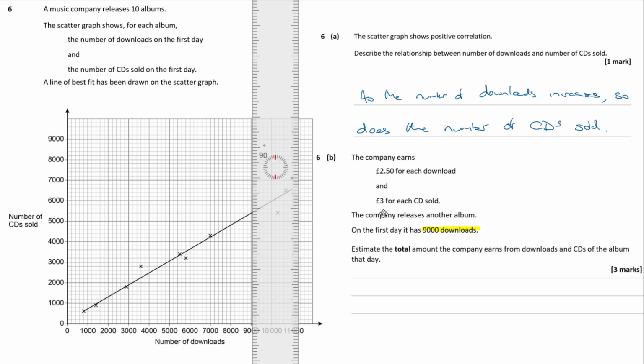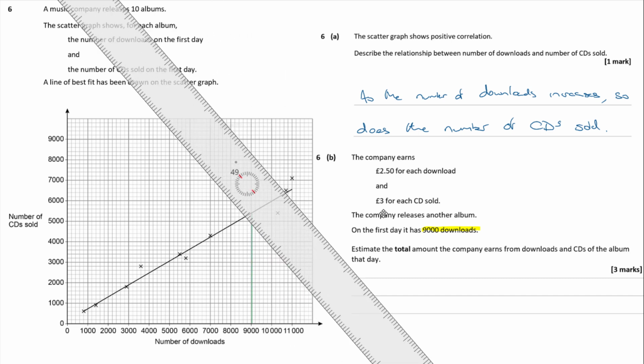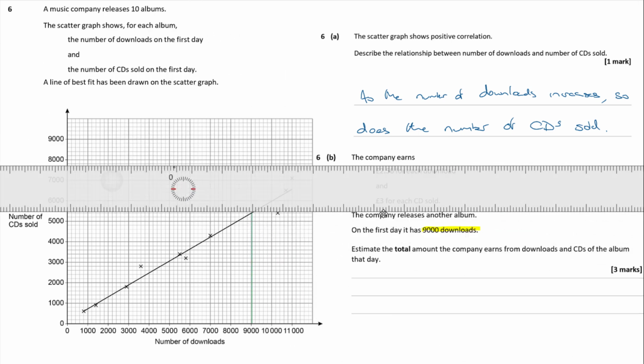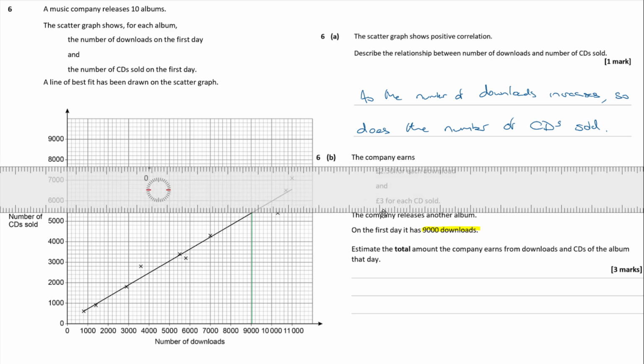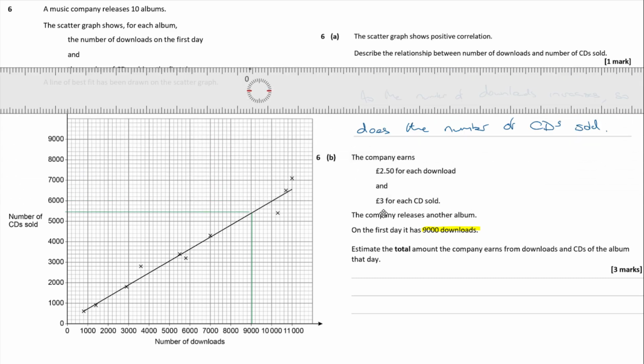Okay, so finding 9,000 on my scale on the bottom there, look, I'm just going to draw a line up until I hit the line of best fit. Then I'm going to change directions and draw across until I hit the other axis over here, look. Okay, and then what does that say? That comes out to be like two little squares up from 5,000. 5 little squares spans 1,000, so each little square must be 1,000 divided by 5.